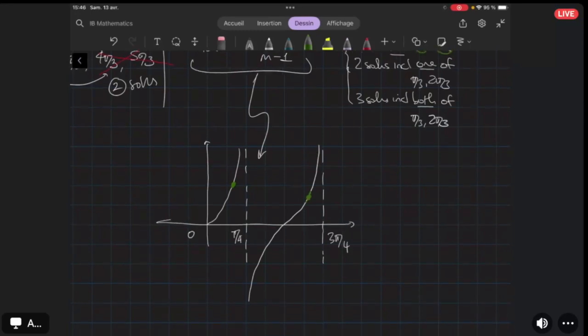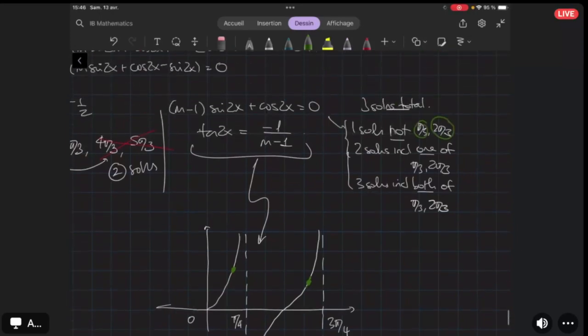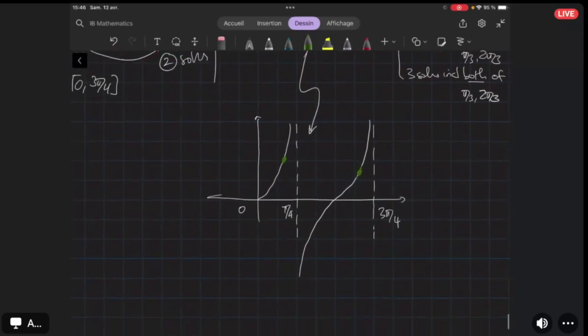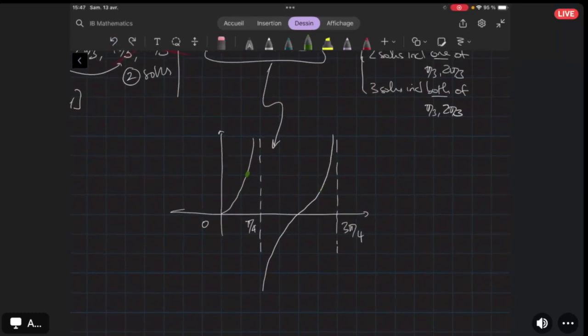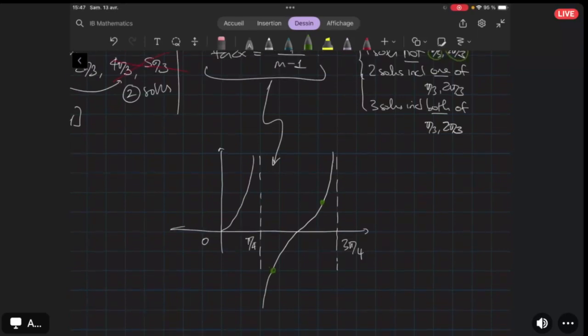Wait, pi over 3 should be somewhere over there. And then 2 pi over 3 should be somewhere over there. There we go. And we want to count the number of intersections between the line and the function.